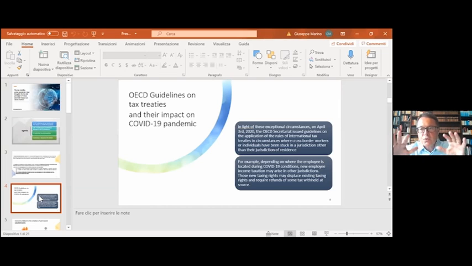So the idea is to have a wise application of treaties and domestic rules as far as the residence of individuals is concerned.